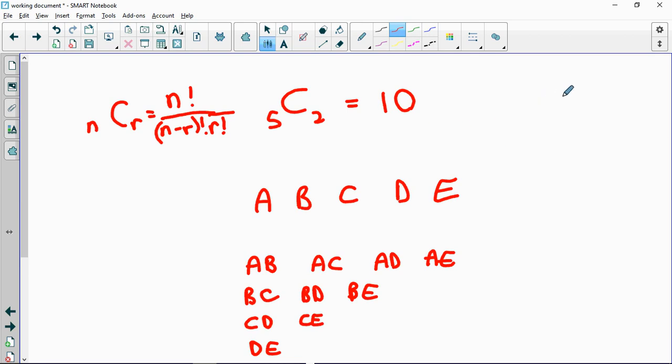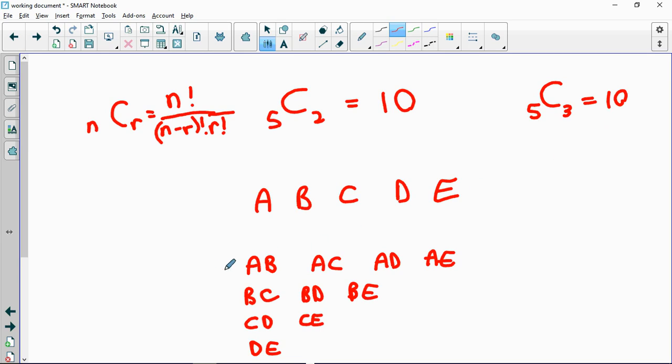Notice, just for interest's sake, that 5 combination 3 is also going to equal 10. And the reason for that, if we look at the formula, is that instead of having 5 factorial over 3 factorial, 2 factorial, if I'm doing 5 combination 3, I'll have 5 factorial over 2 factorial, 3 factorial. So I get exactly the same answer.